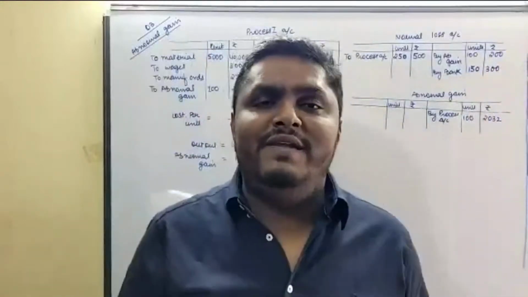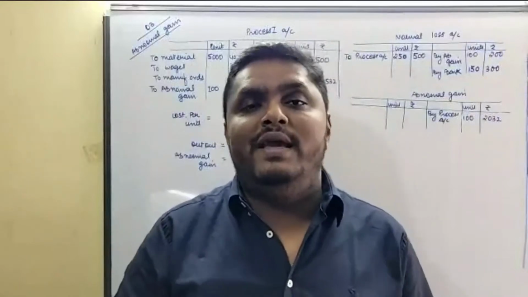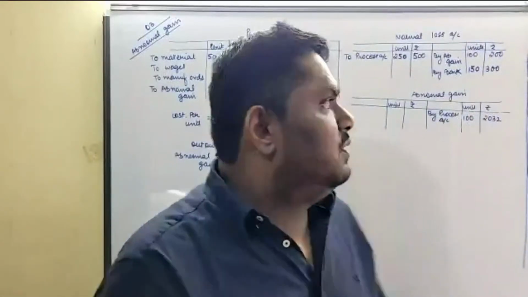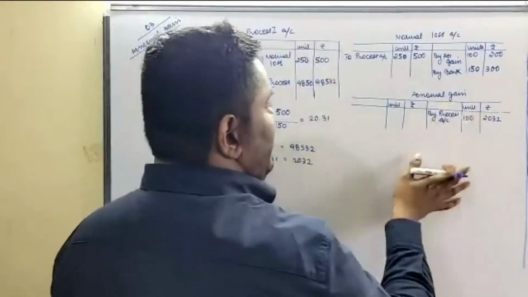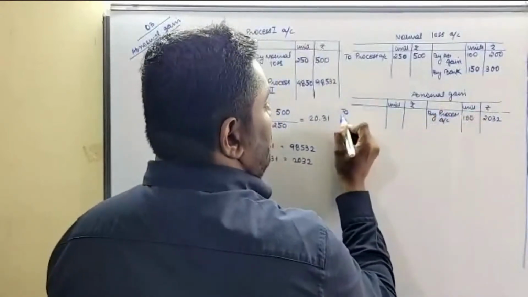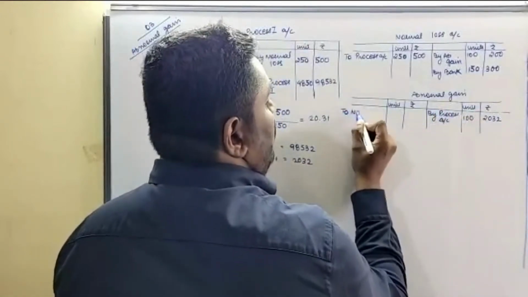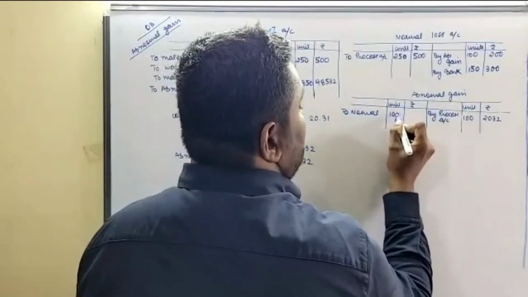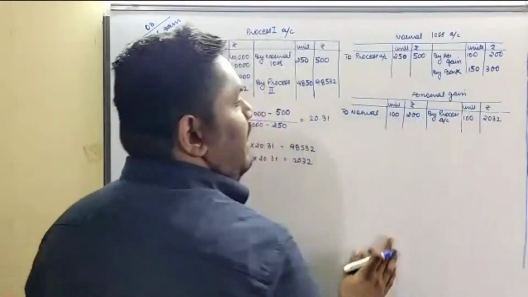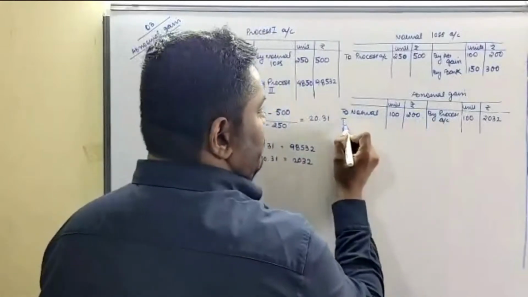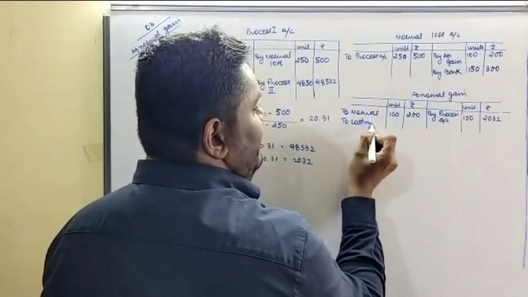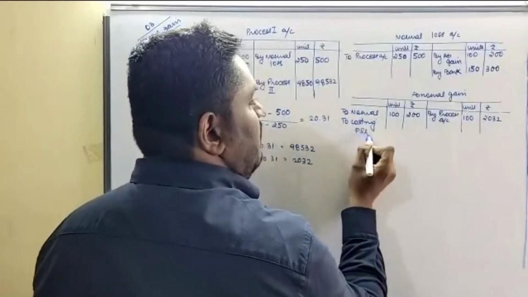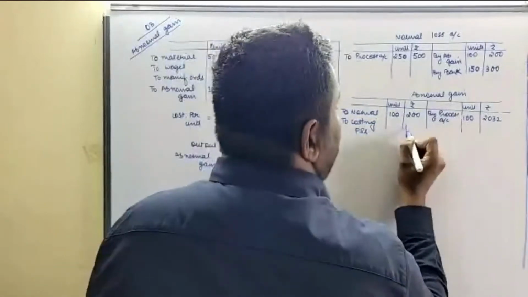So we can alternatively say, what is abnormal gain? Saving in normal loss. So while preparing abnormal gain, 100 units are anyways adjusted against normal loss, and the balance amount will be transferred to costing P&L, that is 1832.